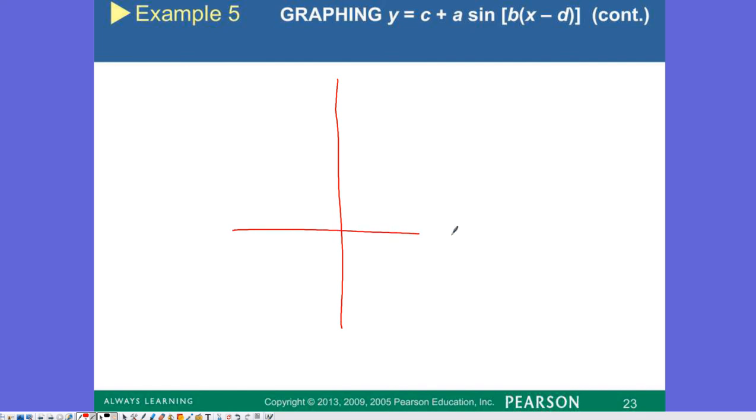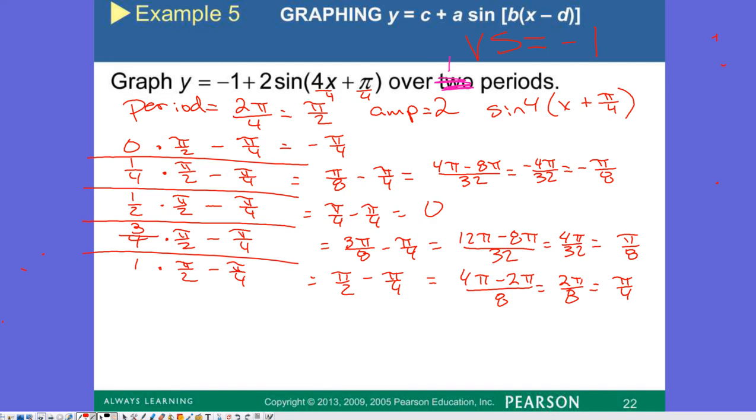Here's my graph, right? So where do I start this when I'm graphing? At negative 1, because that's my vertical shift, right? So I'm going to start this at negative 1, and I'm going to draw a dotted line for the negative 1. All right, so where's my start? The 0 or the negative 1?